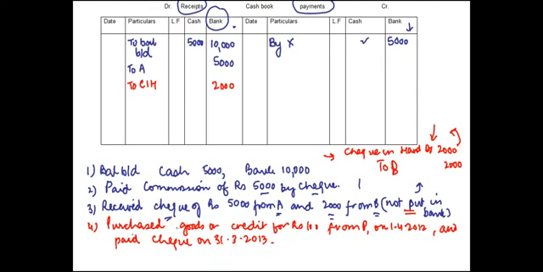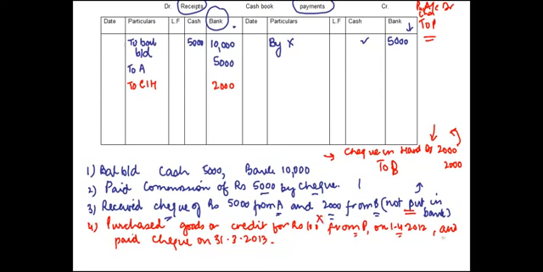Now in this case, the day you purchase goods on credit from P, what is the entry that you pass? You pass an entry where you say, okay, purchases account debit to P. Is the bank account involved over here? No. So why should I put an entry into the cash book? So on day one, there will be no entry in the cash book.